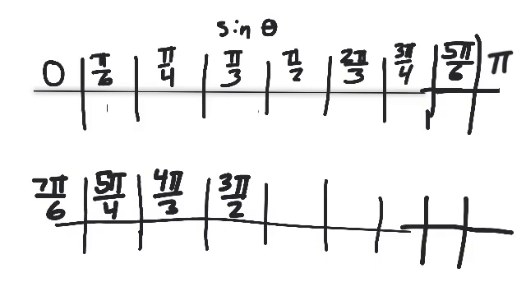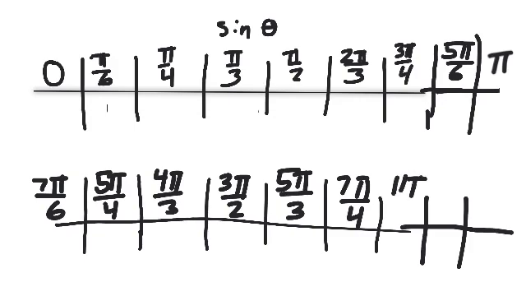I know some of y'all don't have your degrees to radians memorized yet, but I'm just going 30, 45, 60, 90 in each quadrant, finding those values. Next would be 5 pi over 3, 7 pi over 4, 11 pi over 6, and 2 pi.